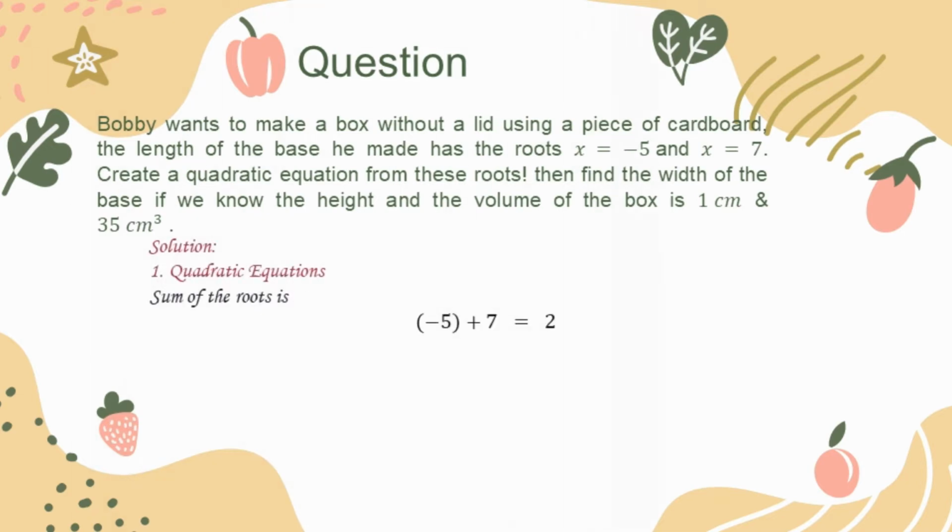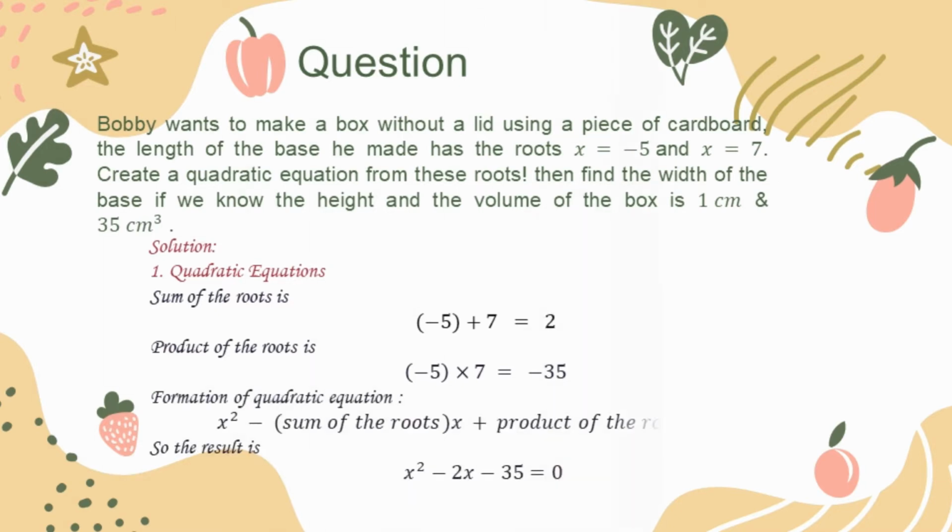First of all, we create a quadratic equation from these roots. So we must find the sum of the roots. Then we got -5 plus 7 equals 2. And the product of the roots is -5 times 7 equals -35.